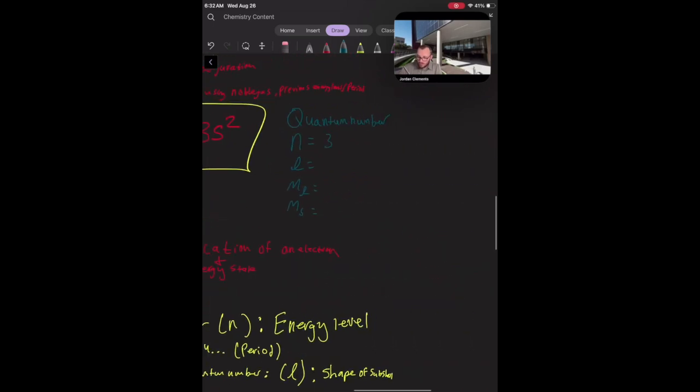So n equals 3, l would be equal to 0, m sub l would be equal to 0 again, because that's the only option. And then m sub s would be equal to either a positive 1/2 or negative 1/2.